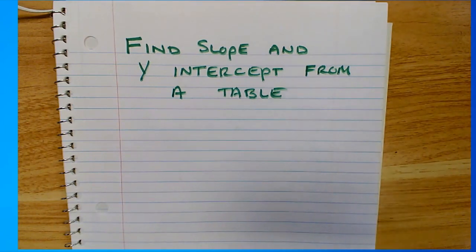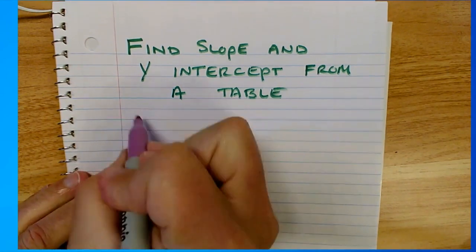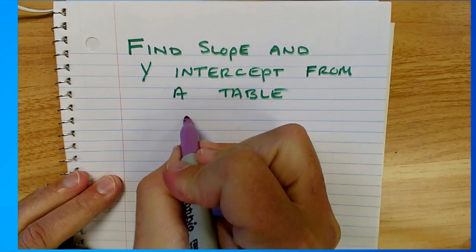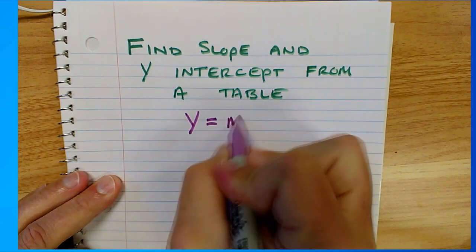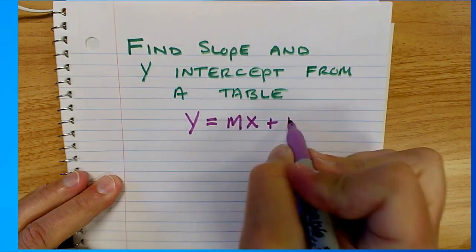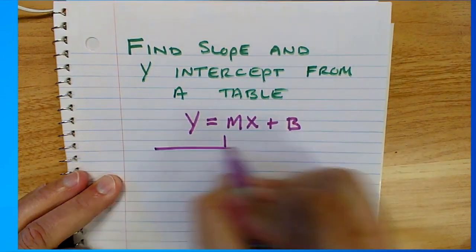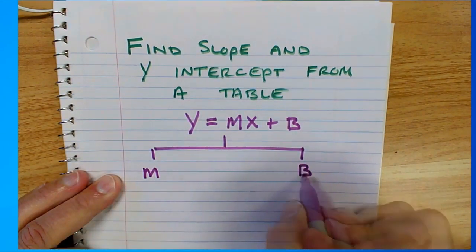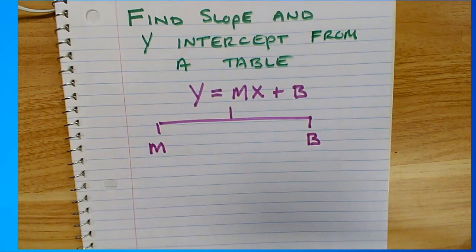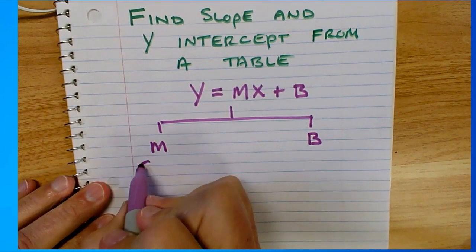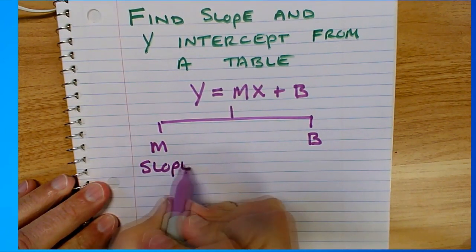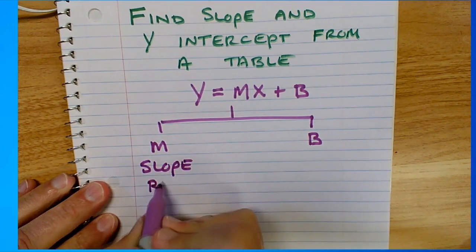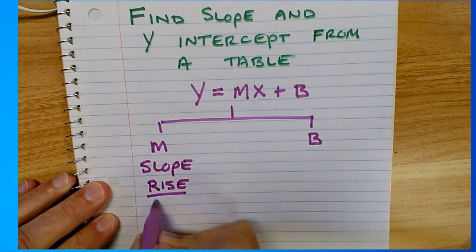to start with the slope-intercept equation and just a quick reminder of what all the parts and pieces are. So if we have y equals mx plus b, let's remember all the parts and pieces of this. What is m? M is the slope. What else is m? M is rise over run.